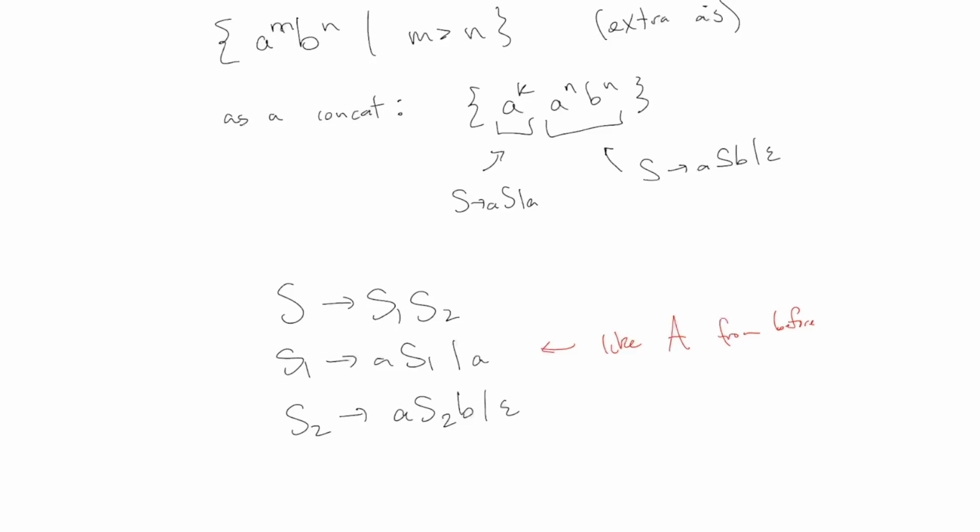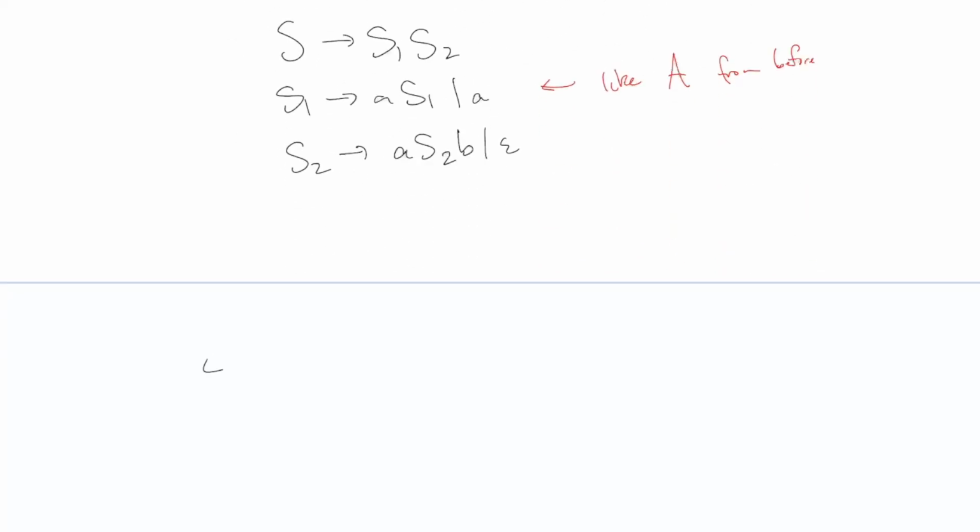All right. Great. How about, I got a fancier one here. This is actually a little tricky. A to the N, B to the M, such that N is not equal to M. What makes this tricky is all of these variations on A to the N, B to the N, I have been thinking about in the sense of like there's extra A's or maybe there's extra B's.